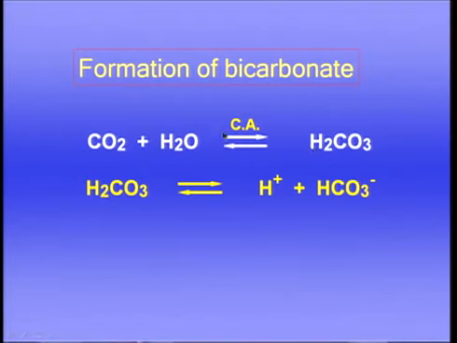And this turns out to be critical in the carriage of CO2 in the blood, as we'll see shortly. The carbonic acid immediately dissociates into hydrogen ions and bicarbonate ions, and of course this does not require an enzyme. So these are the steps required in the carriage of carbon dioxide in the form of bicarbonate.